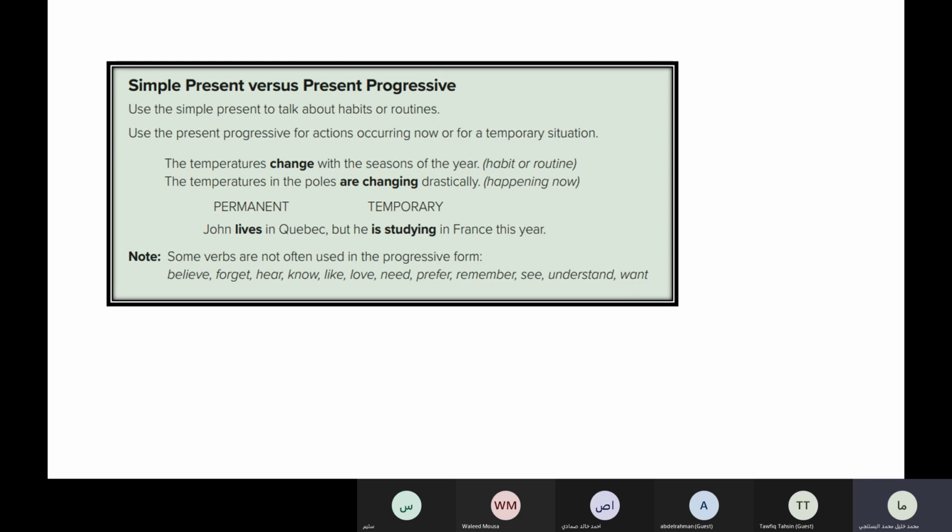This is a present progressive situation. Yes, the temperatures in the pools are changing. That is in progress. Look at the example showing the difference.